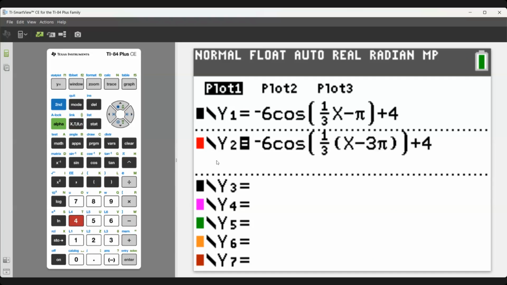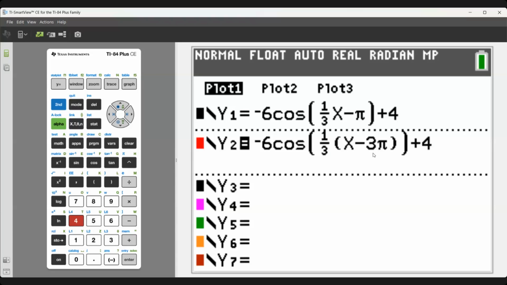Looking at our transformations, it appears that we have 5 transformations off of this sinusoidal function. It looks like we're going to go 3 pi units to the right. The 1/3 will cause a horizontal stretch by a factor of 3. Those 2 transformations are going to be affecting our x coordinate on these pre-image points.